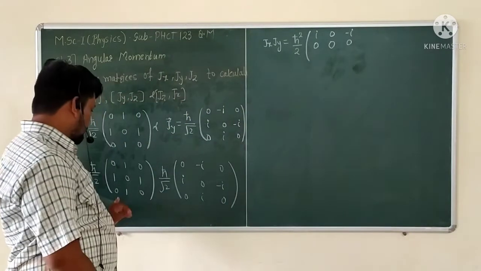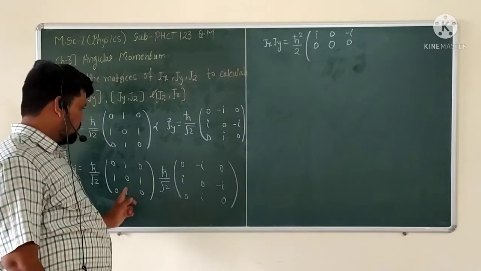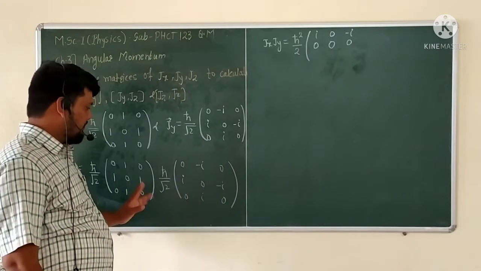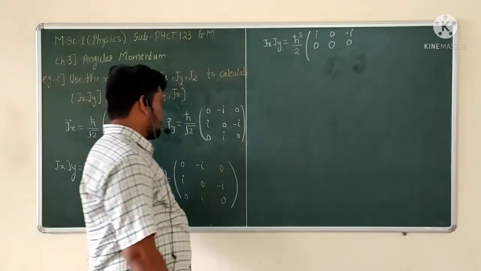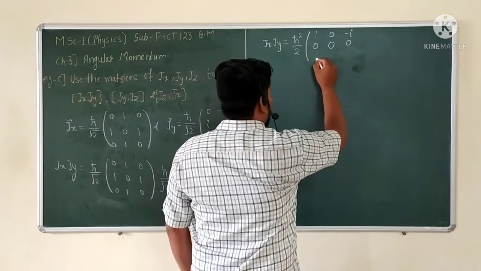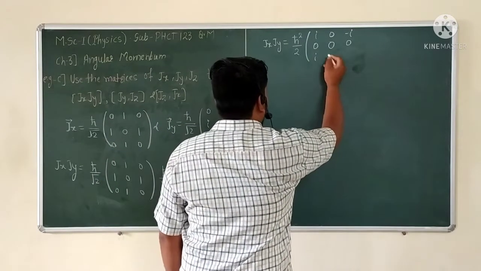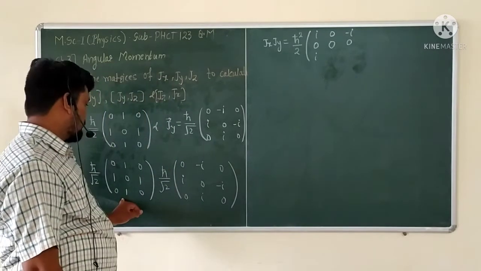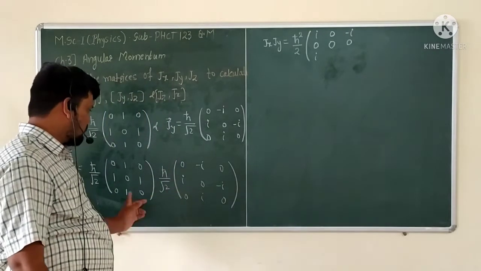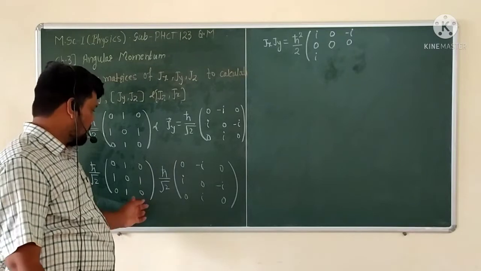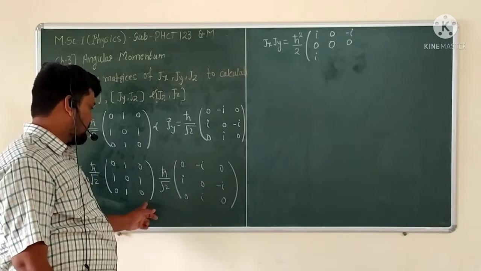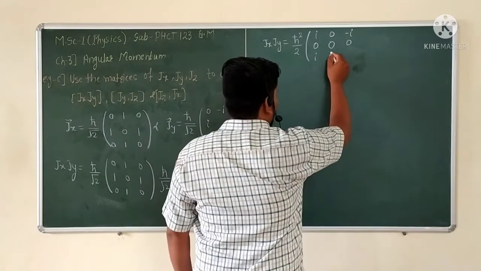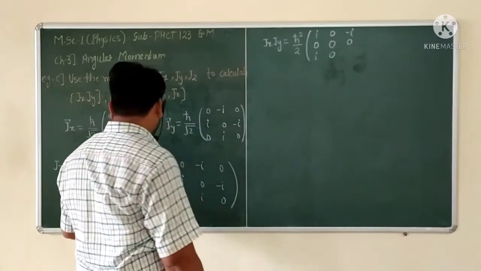Third row, first column: 0 multiplied by 0 is 0, 1 multiplied by I, and 0, so this element is I. Third row, second column: 0 multiplied by minus I is 0, 1 multiplied by 0 is 0, and this is also 0, so this element is 0.